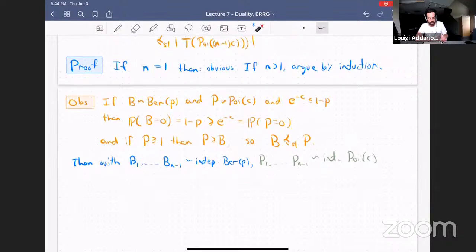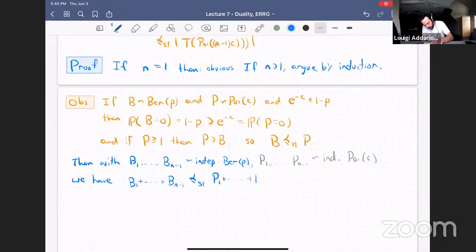If I can couple so that B1 is at most P1 and B2 is at most P2 and so on, then I just take the product space of all of those couplings and I have a space where each Bi is at most Pi, and so the sums also satisfy that inequality. So B1 plus through B(n minus 1) is stochastically at most P1 plus through P(n minus 1).